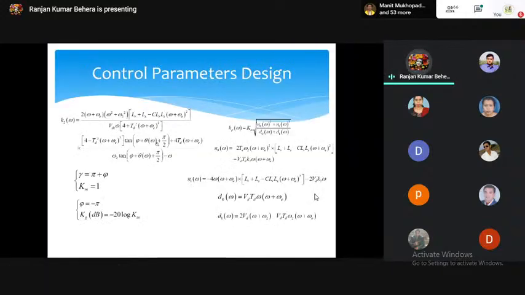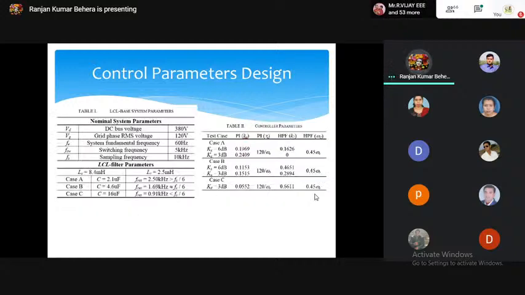Okay, so then these are the controllers, the different control gains, and these are the different parameters. This is the LCL based system parameter. You can see the DC bus is 380 and 120 volt, then the frequency. And this is your LCL filter parameter.